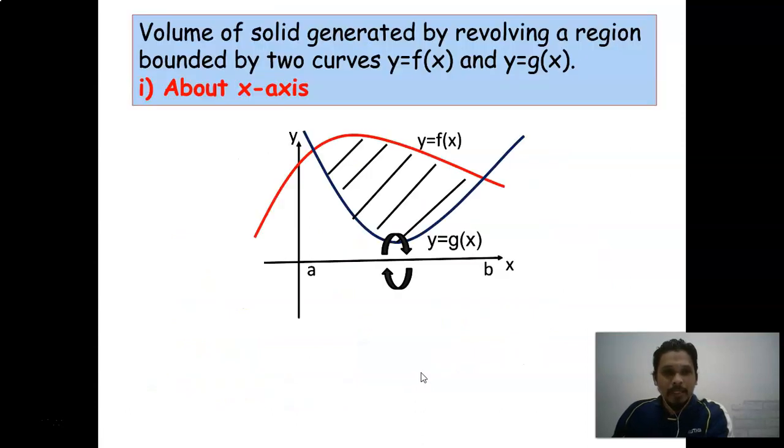Okay. So the volume of a solid generated by revolving a region bounded by the two curves y equals f(x) and y equals g(x). Look at this one now.